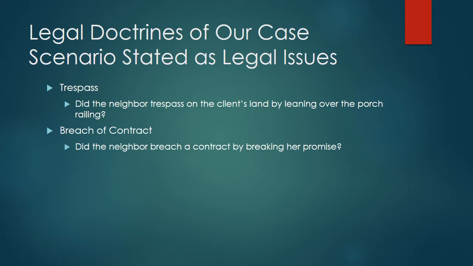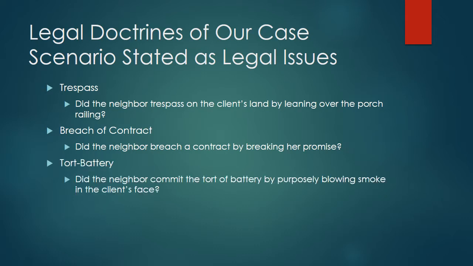Did the neighbor breach a contract by breaking her promise? The third legal question concerns the legal doctrine of tort in the form of a battery. Did the neighbor commit the tort of battery by purposely blowing smoke in the client's face?